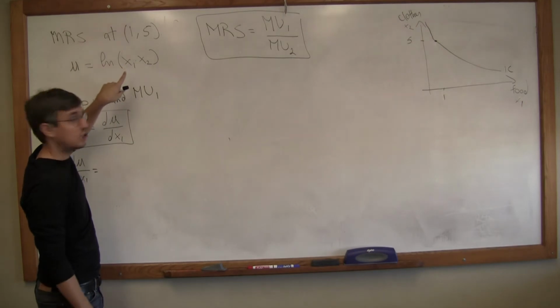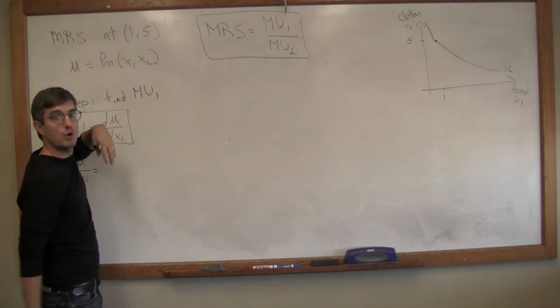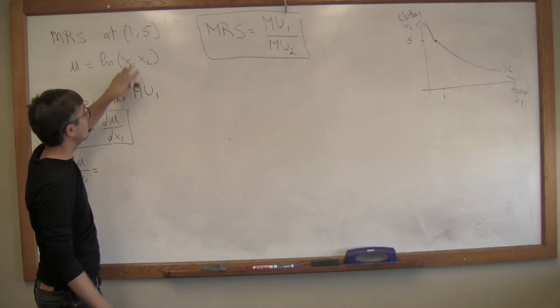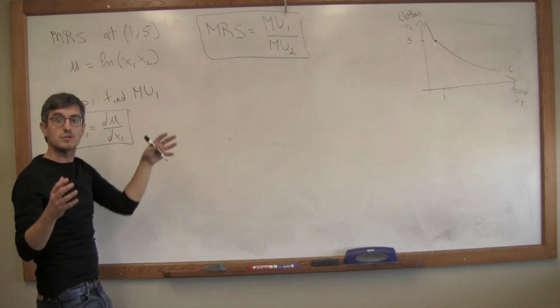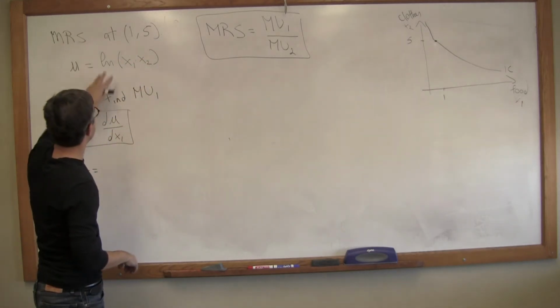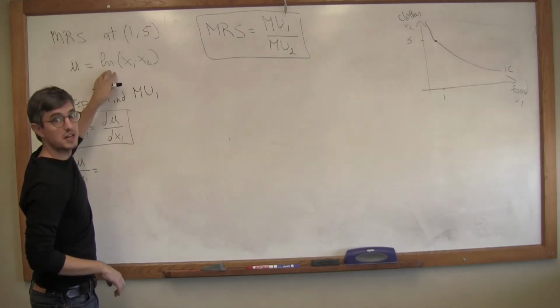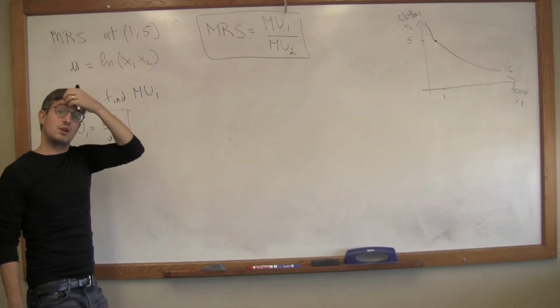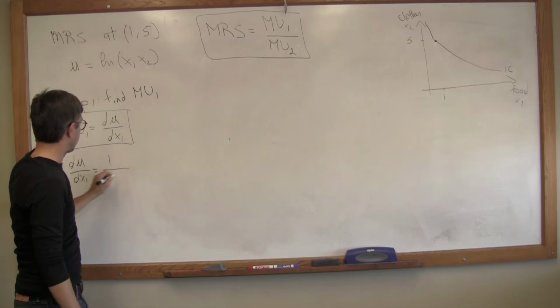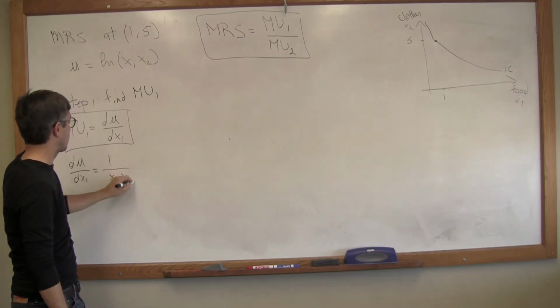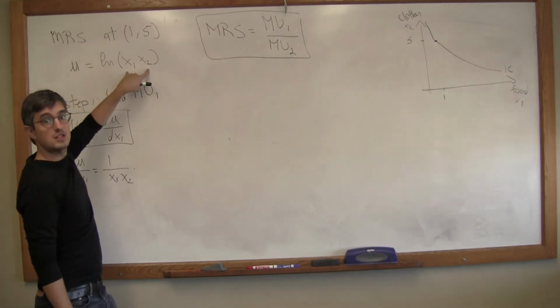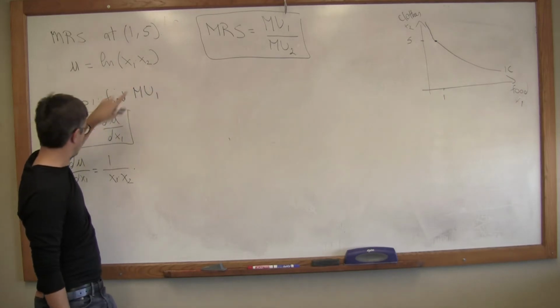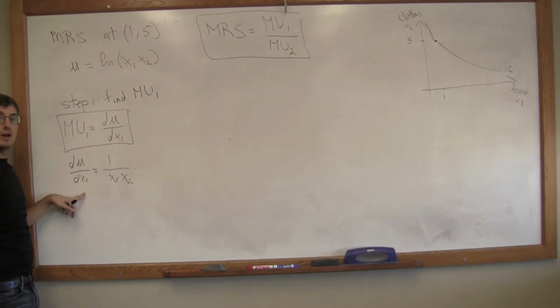So that derivative is what? Well, we need to use the chain rule. When you use the chain rule, you have an outside function, and inside that outside function there is an inside function. The outside function here is the natural log of something. The derivative of the natural log of that something is 1 over that something, which is x1 times x2. And then the derivative of the inside function. In this case, we're taking the derivative with respect to good 1.